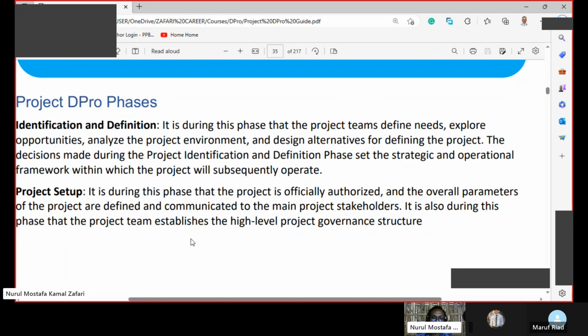It is during this phase that the project teams define needs, explore opportunities, analyze the project environment, and design alternatives for defining the project. The decisions made during the project identification and definition phase set the strategic and operational framework within which the project will subsequently operate. I'll keep silent for a moment so that you could look at the text.